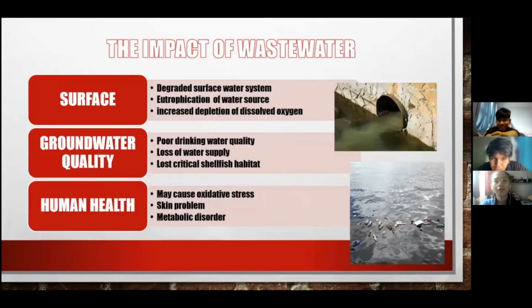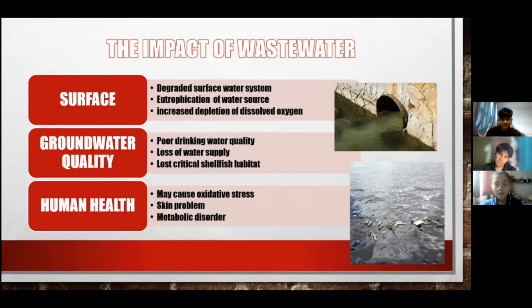And the impact of wastewater on surface water: first is the degraded surface water system. Next is eutrophication of water sources. It creates environmental conditions that favor the growth of toxin-producing cyanobacteria, and exposure to such toxin is hazardous to human beings. It also increases depletion of dissolved oxygen, which we call DO.